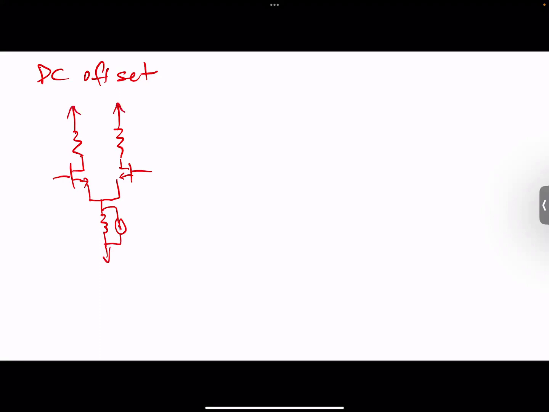So this is the differential pair of a MOSFET. And then we're going to draw the small signal circuit by looking at what we have with this.